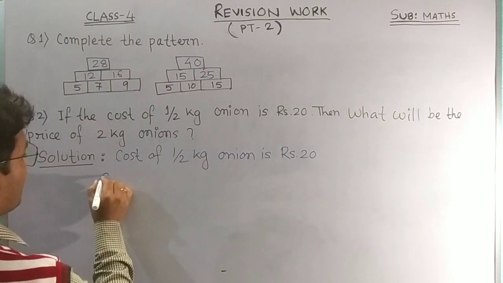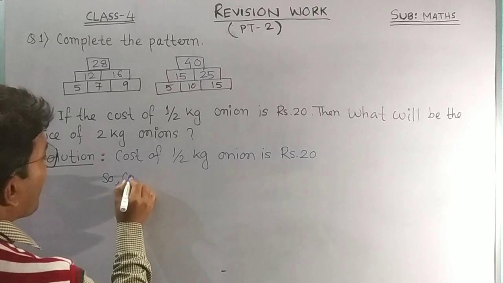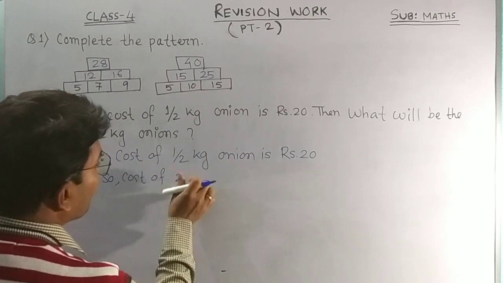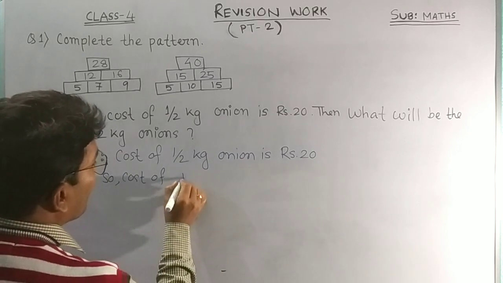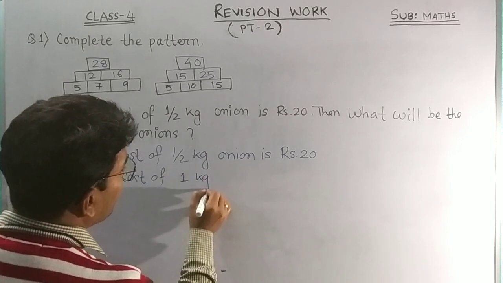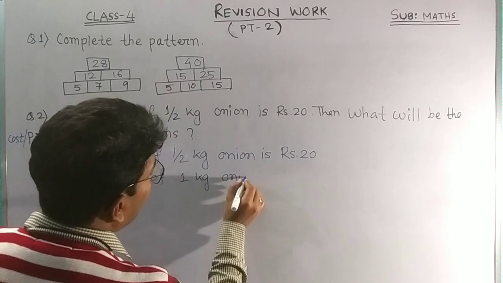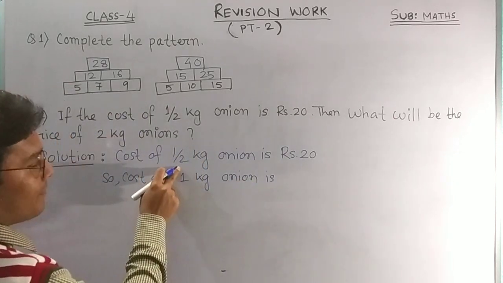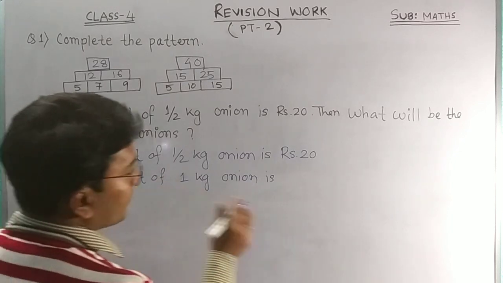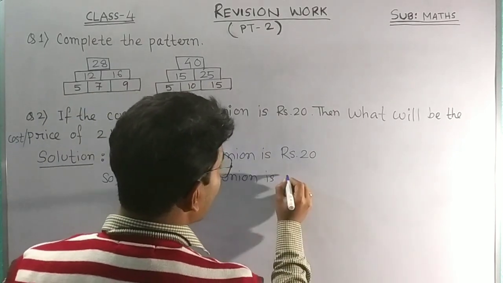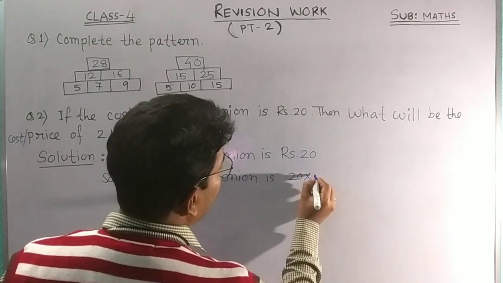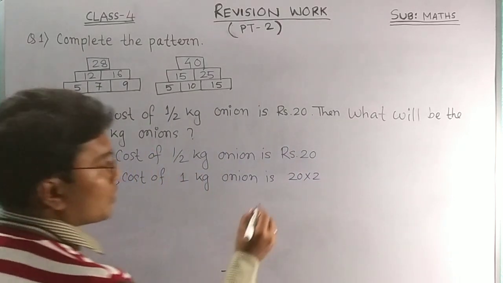So we can write, cost of 1 kg. We cannot write directly 2 kg because there is given half. We have to find out 1 kg at first. 20 multiplied 2.